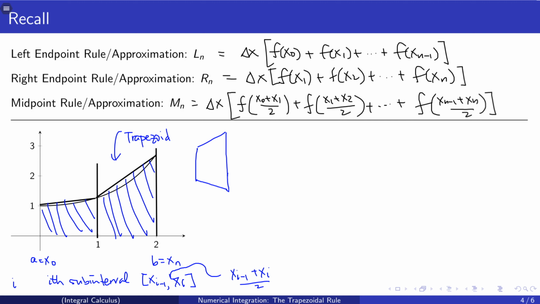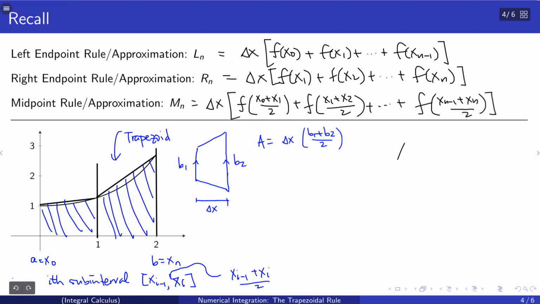If these sides are parallel, and the height, or I guess it's on its side, so I'll call this the width of the trapezoid, is delta x, and one edge here has length b1 and the other has length b2, then the area is going to be delta x multiplied by the average of those 2 side lengths.